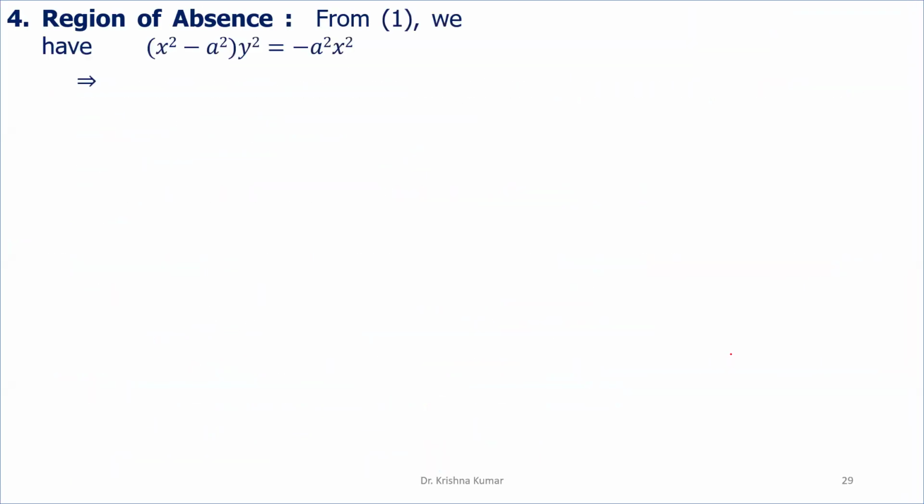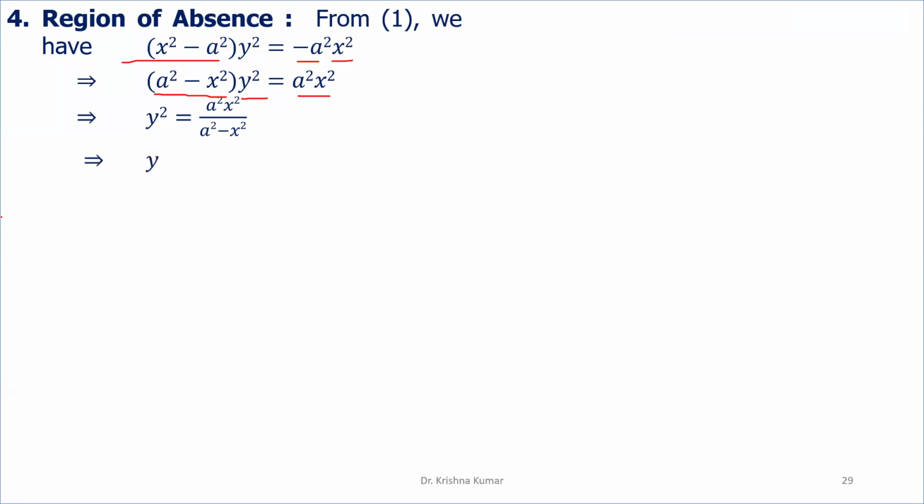Reason of absence: from the equation we have x square minus a square whole times y square equal to minus a square x square, or if we multiply the whole equation by the minus sign, it is a square minus x square whole times y square equal to a square into x square, which gives us y square equal to a square x square upon a square minus x square.